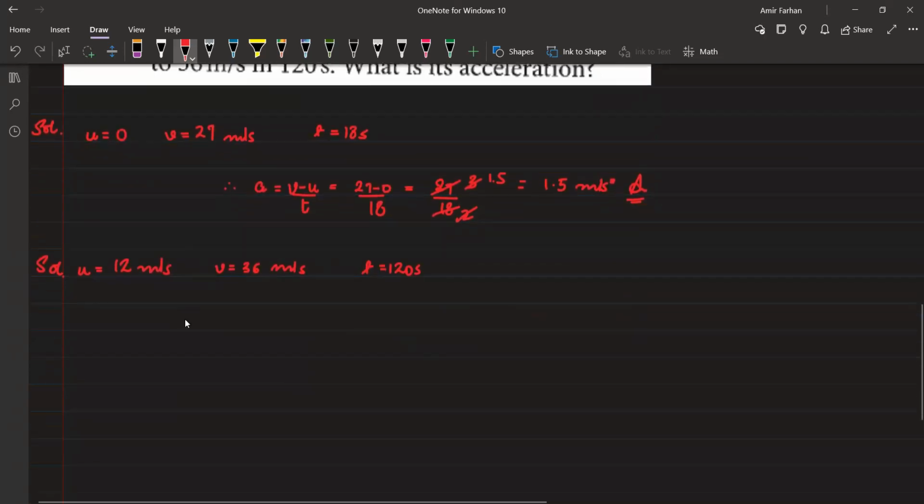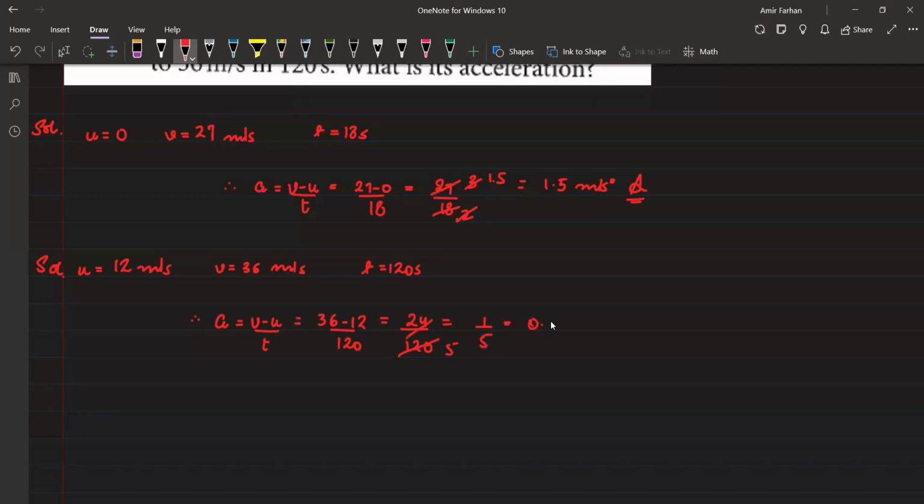According to the question, a equals v minus u by t, that is 36 minus 12 divided by 120. 36 minus 12 is 24, and 24 by 120 comes out to be 1 by 5, which is 0.2 meter per second square.